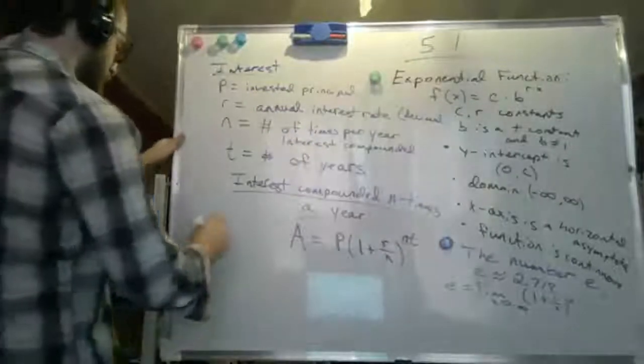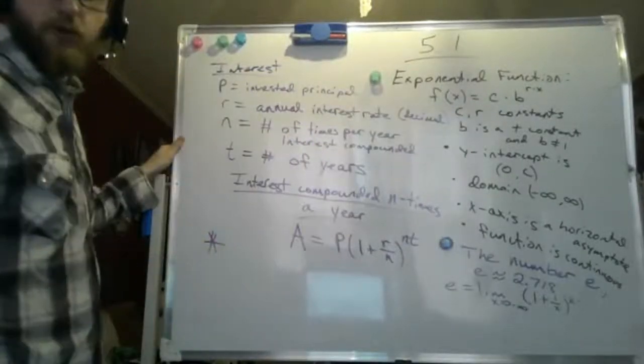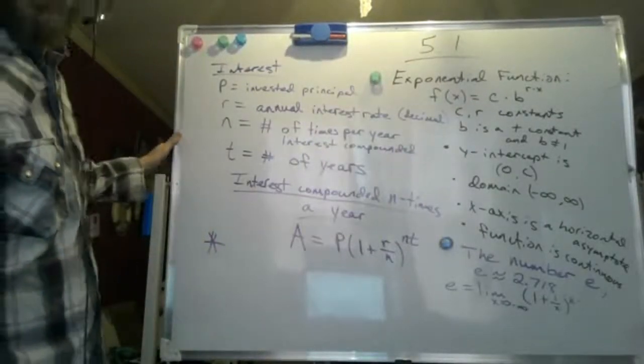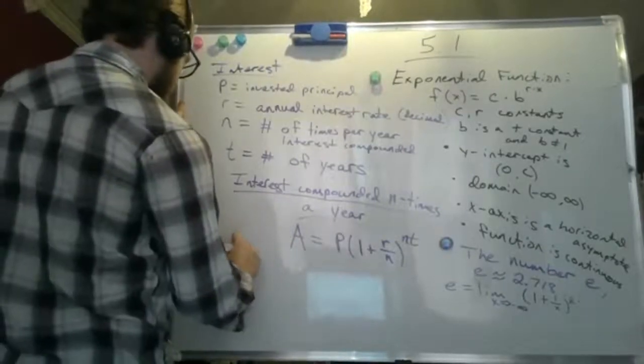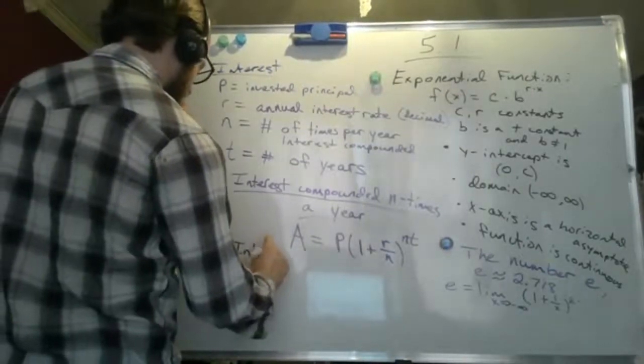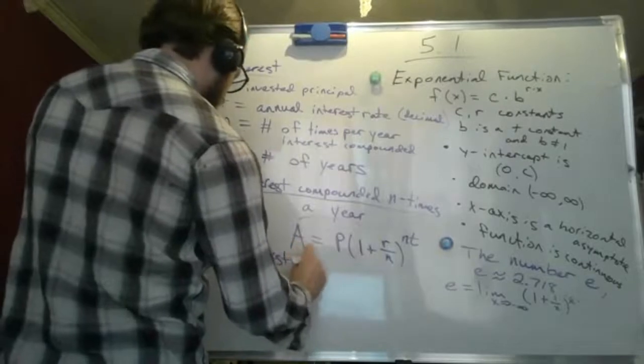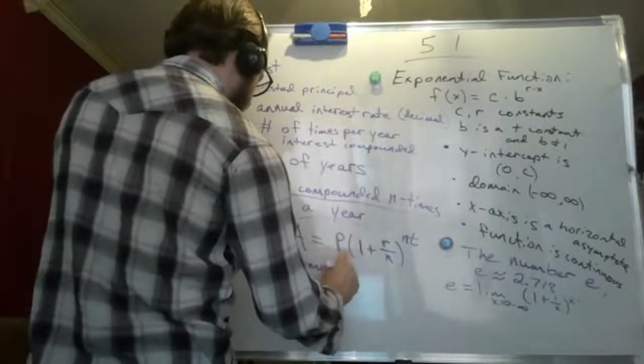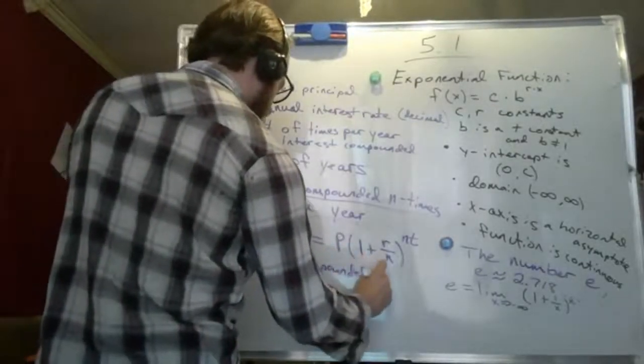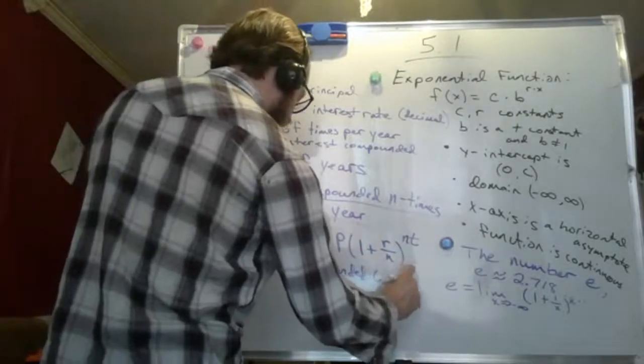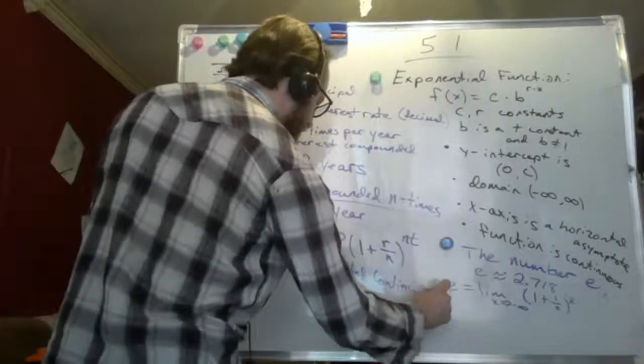So this next formula is for interest compounded continuously.